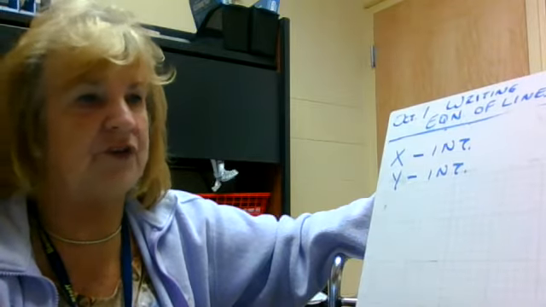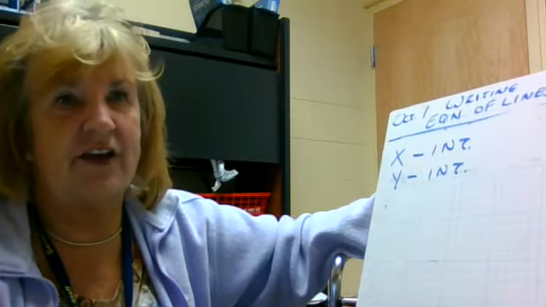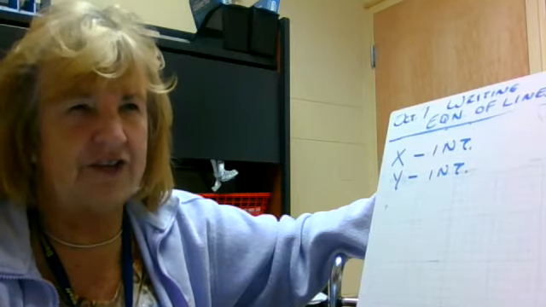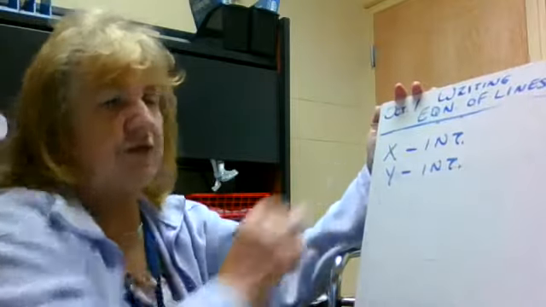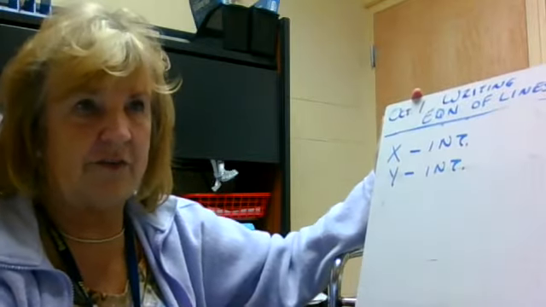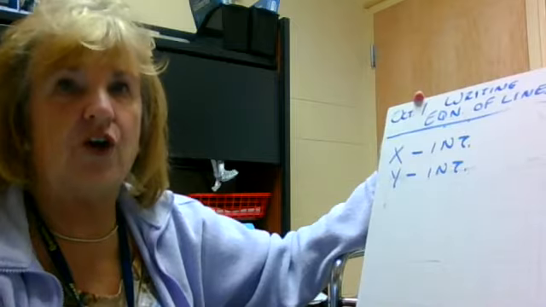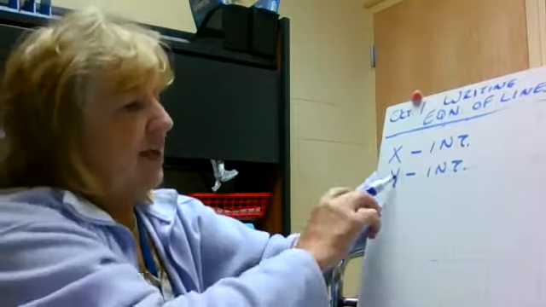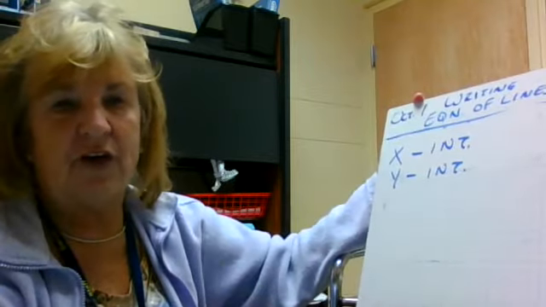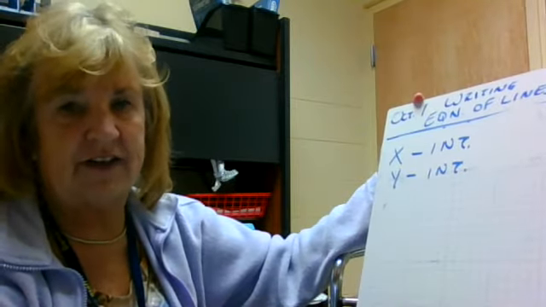So where Bristol Road intersects Saginaw Street, that intersection is where the two cross. Well, the same thing is true here. X-intercepts are where the line crosses the x-axis. Y-intercepts are where the line crosses the y-axis.